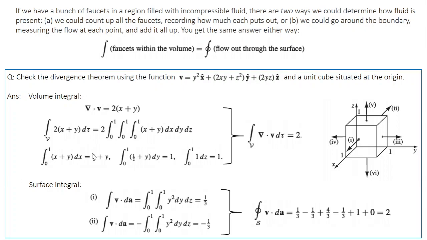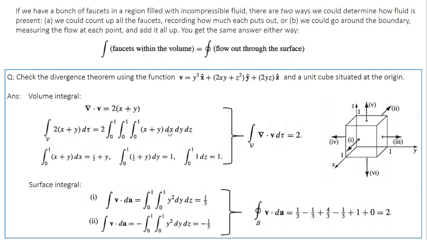So the volume integral you can write in component form and calculate each of these integrals. Let's first calculate the x integral: integral 0 to 1 of (x plus y) dx. The integral of x is x squared by 2, and the integral of y dx is xy. You apply the limiting values. This becomes half plus y.